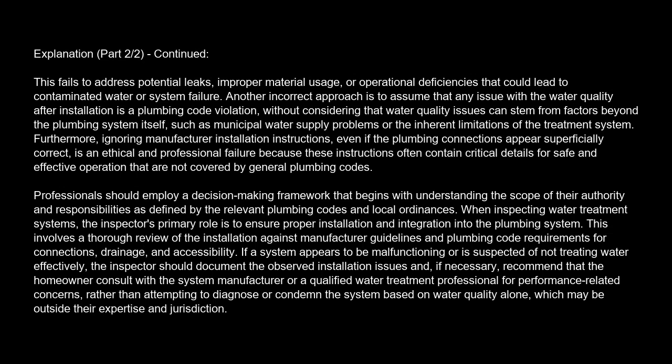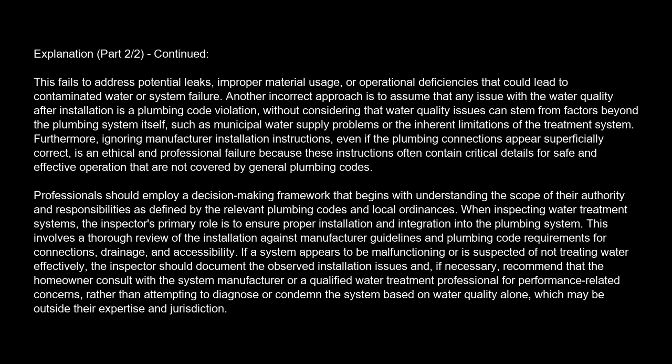This fails to address potential leaks, improper material usage, or operational deficiencies that could lead to contaminated water or system failure. Another incorrect approach is to assume that any issue with the water quality after installation is a plumbing code violation, without considering that water quality issues can stem from factors beyond the plumbing system itself, such as municipal water supply problems or the inherent limitations of the treatment system.